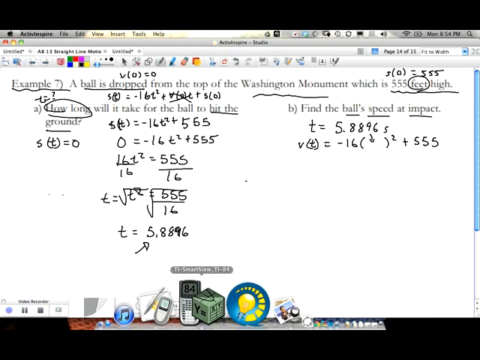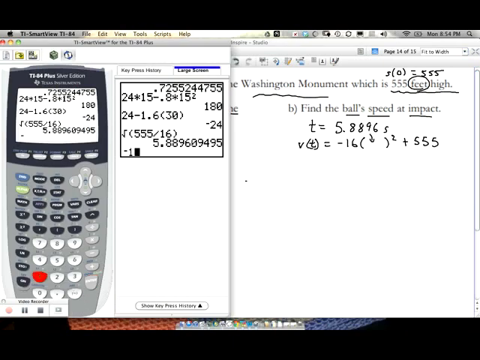So I'm going to do negative 16 times my answer squared. Tricky, tricky. Using the work so I don't have to redo it. It's called recycling. Save the planet.